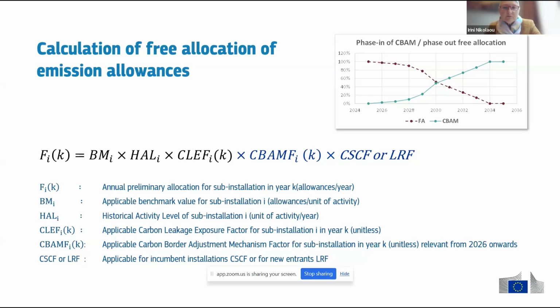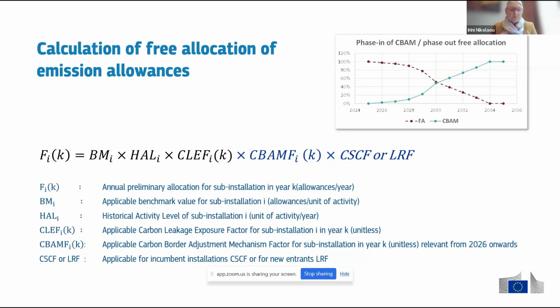Therefore, we start from 2026 with 2.5, I think, percent. And then we continue, and by 2034, the importers of the CBAM products have to pay 100% of the carbon price, while the producers in the EU will receive 0 free allocation.